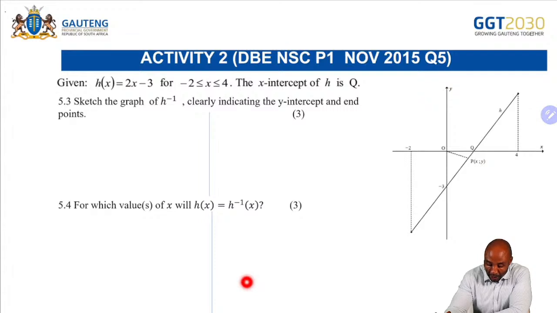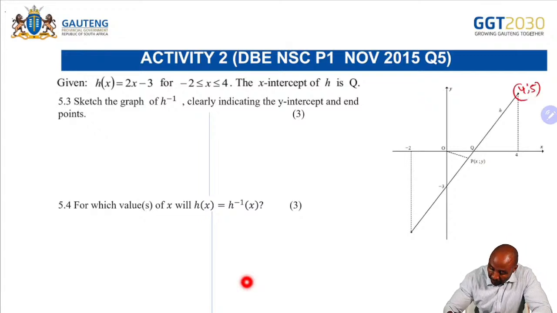We are supposed to sketch the graph of the inverse function, clearly indicating the y-intercept and the endpoints. Now, our endpoints, we noticed that on the original function, these are 4 and 5, and -2 and -7.